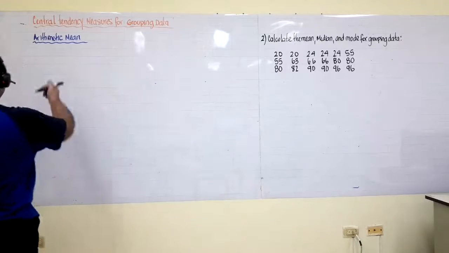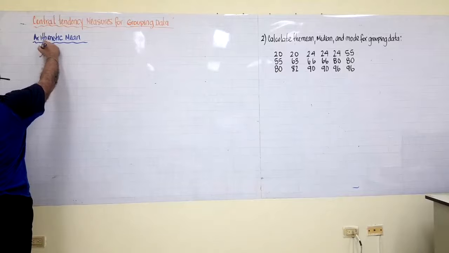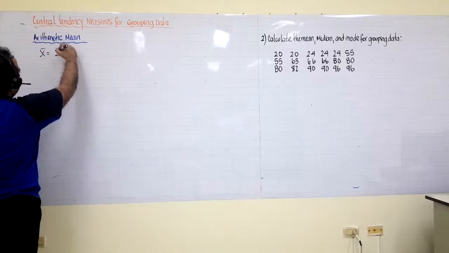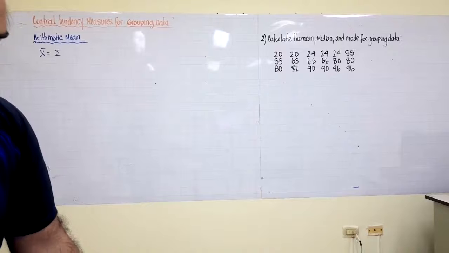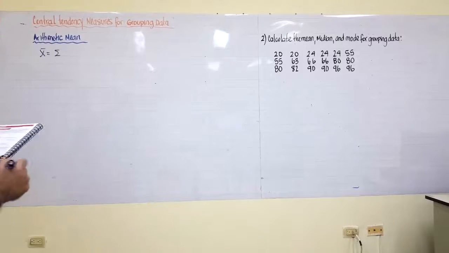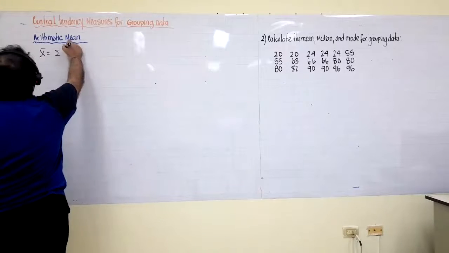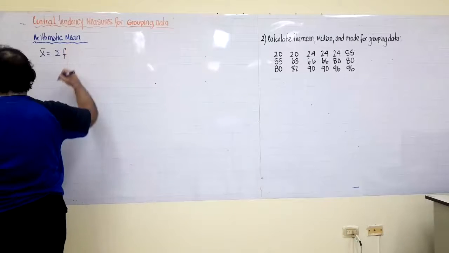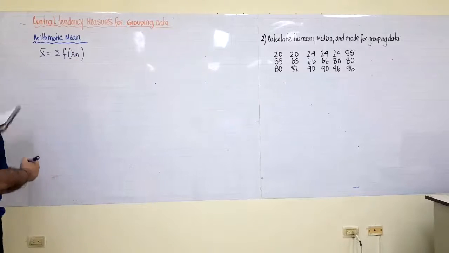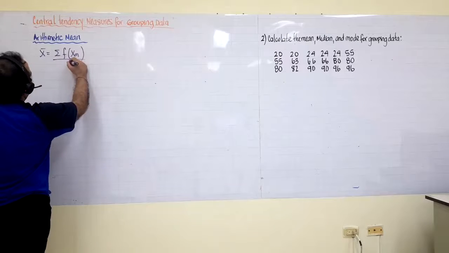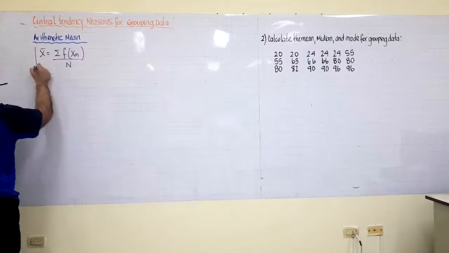The arithmetic mean for this situation, my dear students, will be the addition of the product of the frequency multiplied by xm. What does xm mean? I'm going to explain it already. Divided by n.